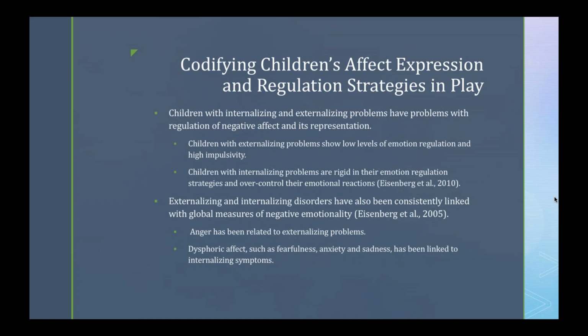Also, both disorders are related to extreme negative emotions. In particular, research shows that anger is more related to externalizing problems, meaning children with externalizing problems show anger-related issues, whereas more dysphoric affects such as fear, anxiety, or sadness are more linked to internalizing symptoms.